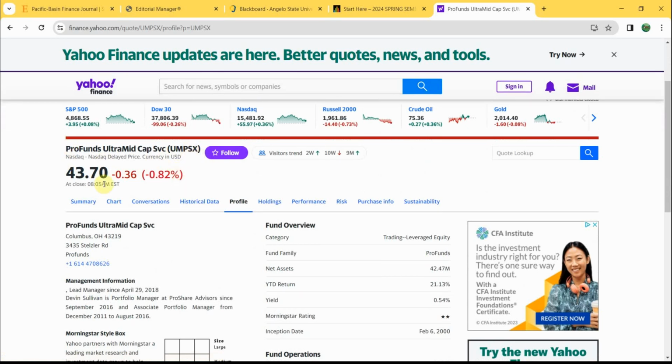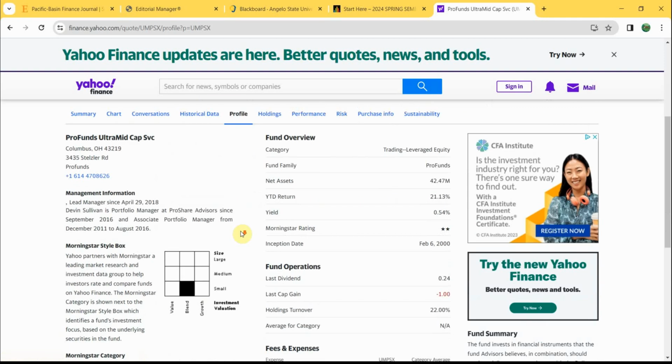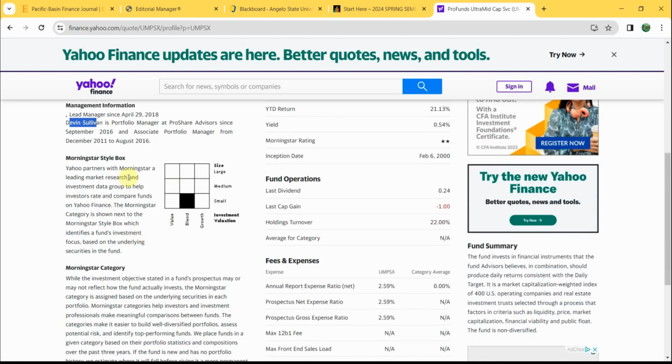And that's the performance today. The profile here tells you it is managed by this company, and Devin Sullivan is the portfolio manager. Also, the feature of this mutual fund is that it manages small stocks. You see in this row it's for small stocks, and in this column it's not either value stock or growth stock.